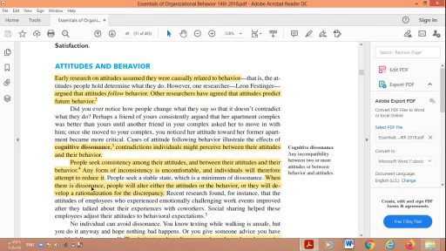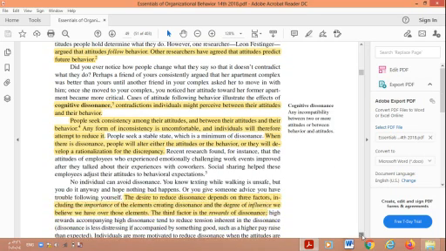When there is dissonance, people will alter or change either the attitude or the behavior, or they will develop a rationalization for the discrepancy. So they want to alter their attitude or their behavior, or just resolve this situation.